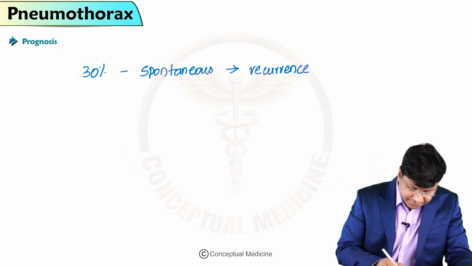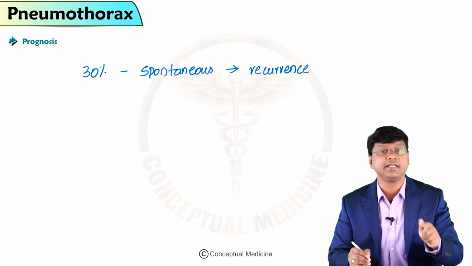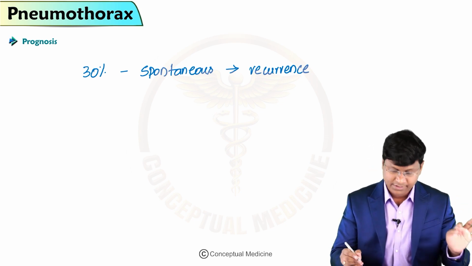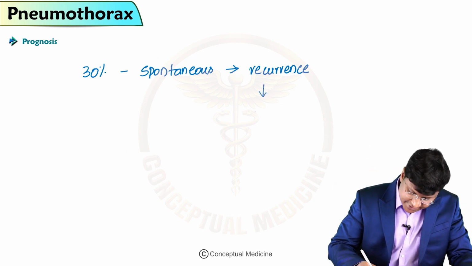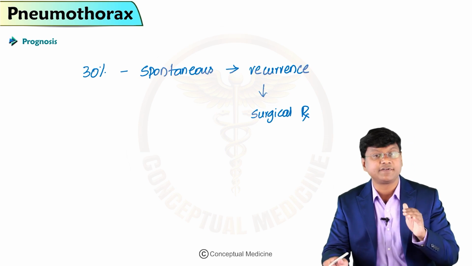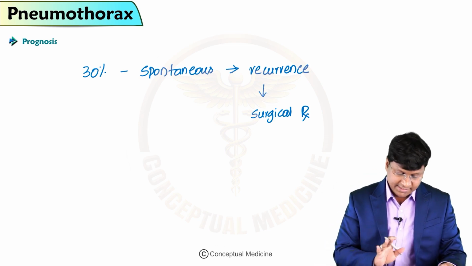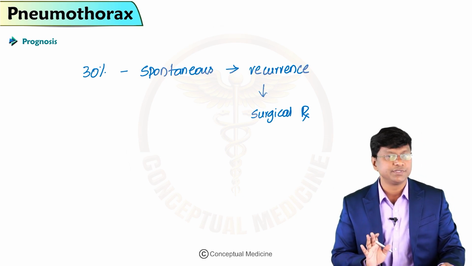Okay, and recurrence after the surgical therapy is less frequent. So how will you prevent the recurrence? Surgical treatment. Okay, so recurrence after the surgical treatment is less frequent. This is about the prognosis in patients with pneumothorax.